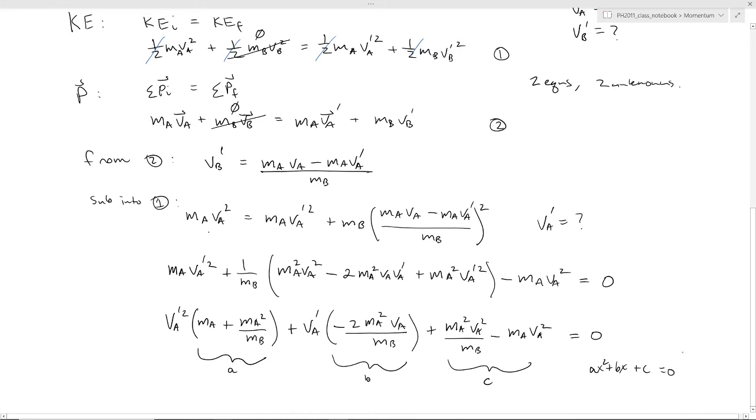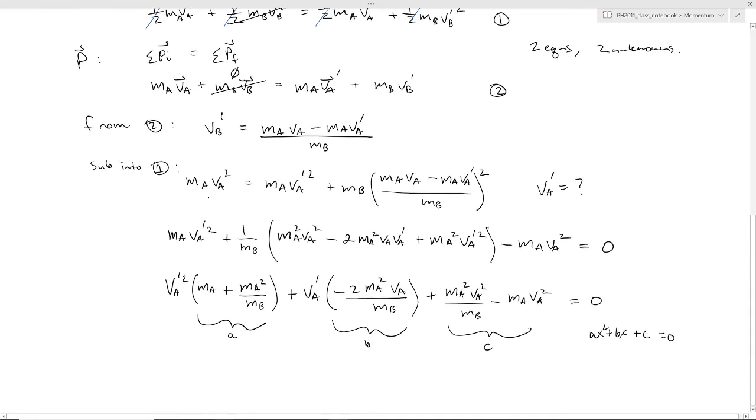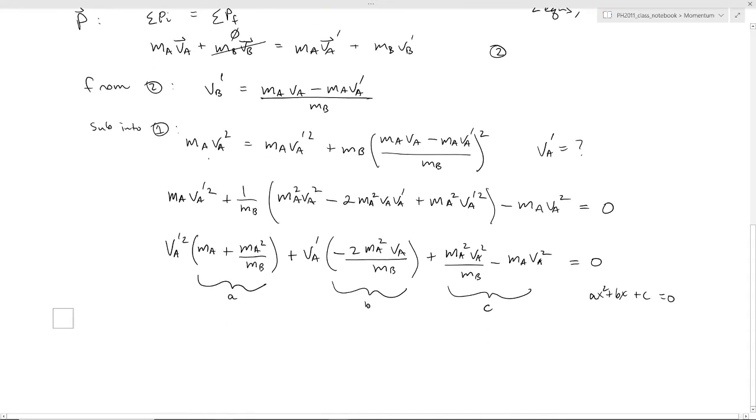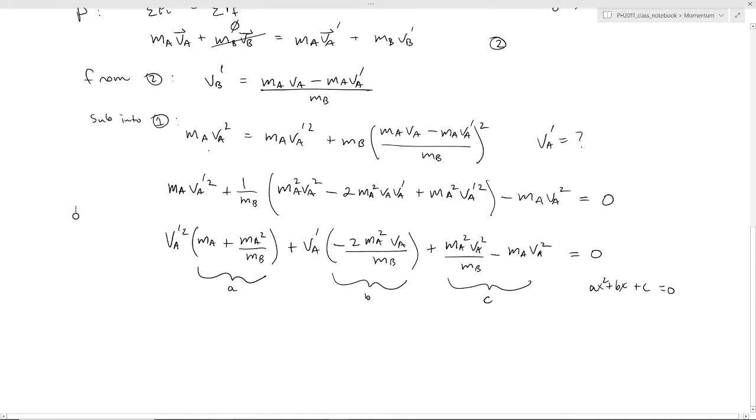And to solve that, you're going to have to use the quadratic formula in one way or another. Negative b plus or minus the square root of b squared minus 4ac, all over 2a.